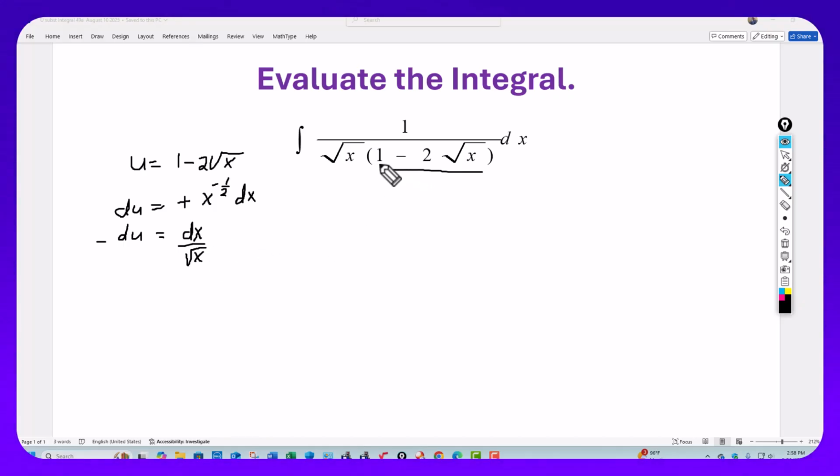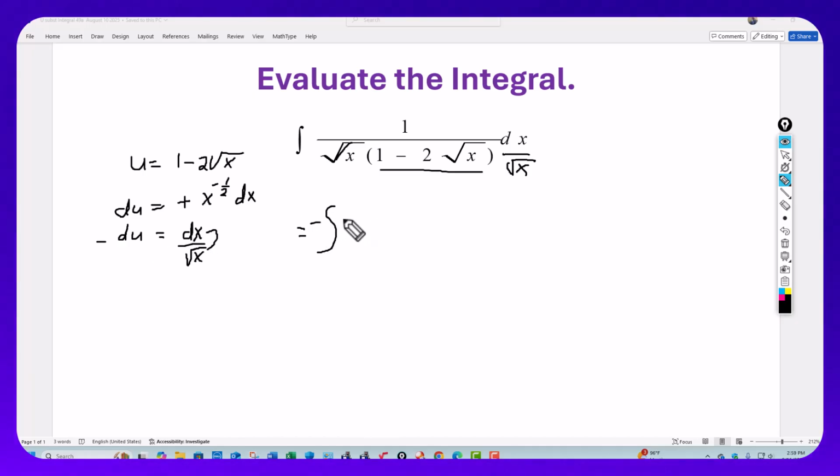So here's the situation. This 1 minus 2 square root of x, that's going to be your u. And then look at this square root of x, let's put it over here. So you've got dx over the square root of x, like that. And then we're ready to transform. So the dx over the square root of x right here, that's going to be your minus du.